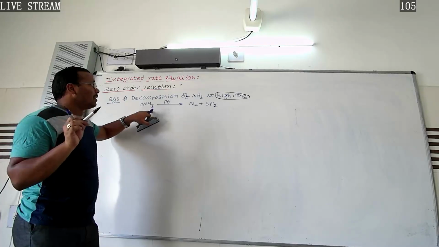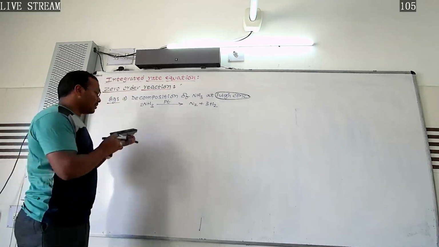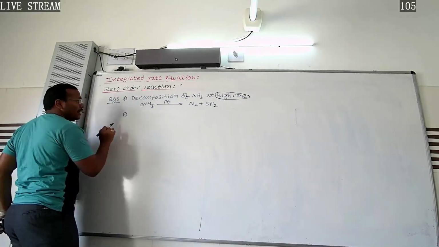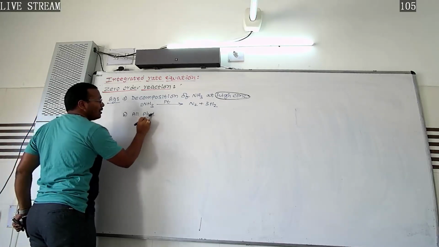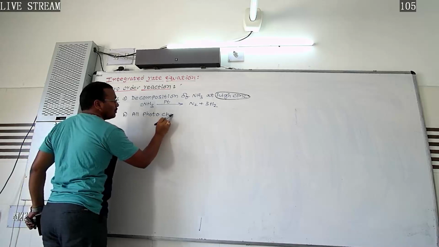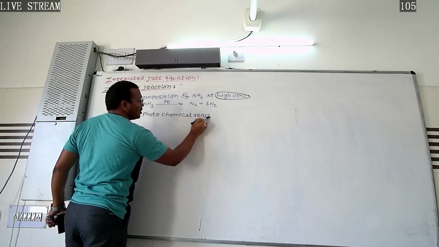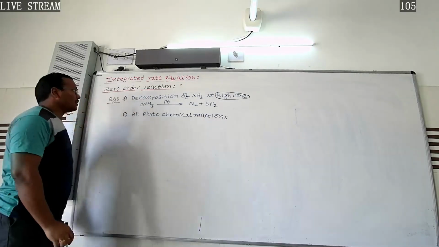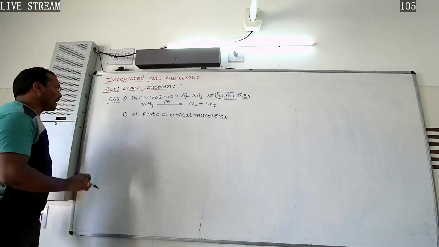It means here the rate is independent of the concentration, so it is a zero order reaction. Second one, it is all photochemical reactions, which means reactions that involve sunlight. Yes, these are the two important examples for zero order reaction.